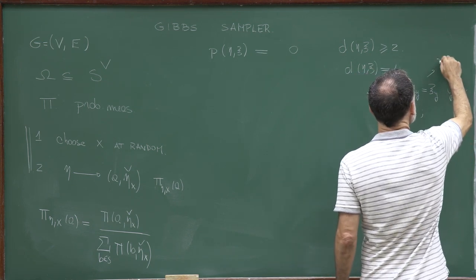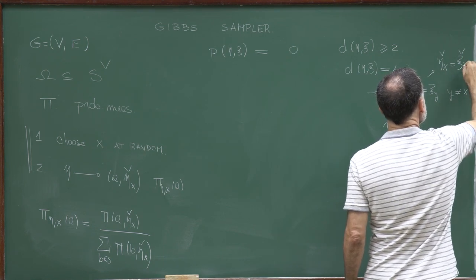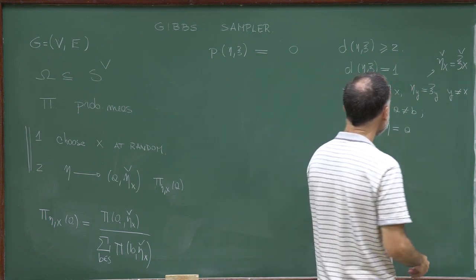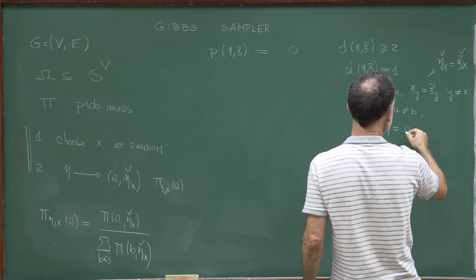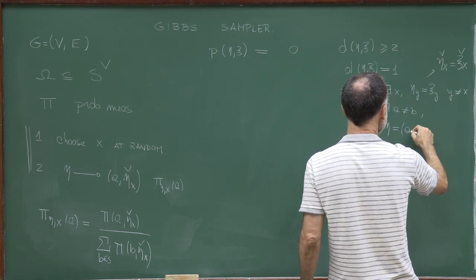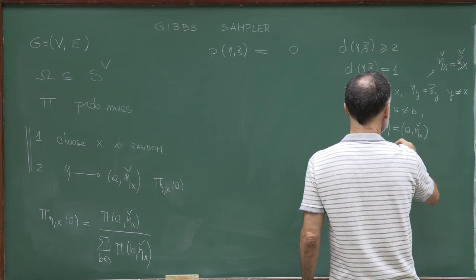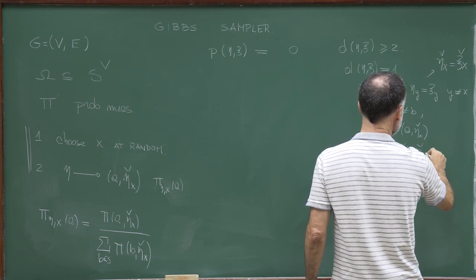This means that eta and xi are equal at all other sites, right? And this means that, well, there exists a different from b, since the distance is 1, such that eta is equal to a eta bar x, and xi is equal to b eta bar x.